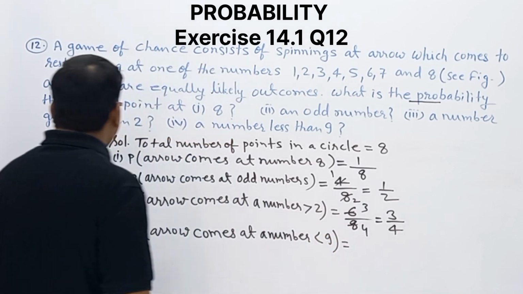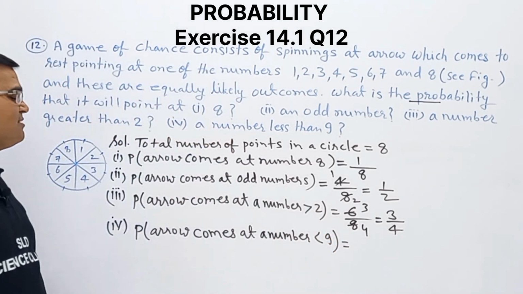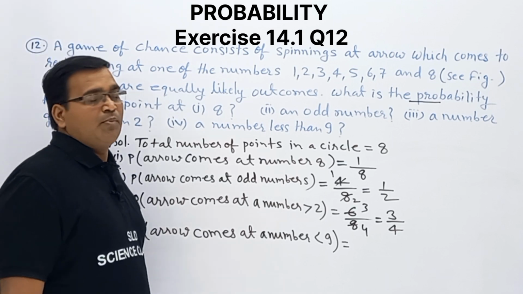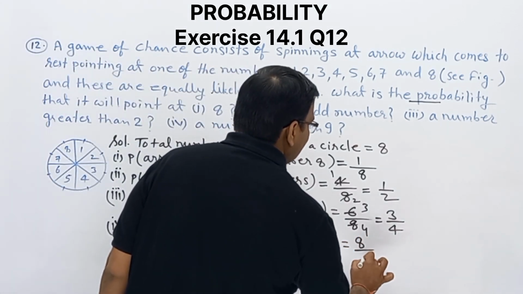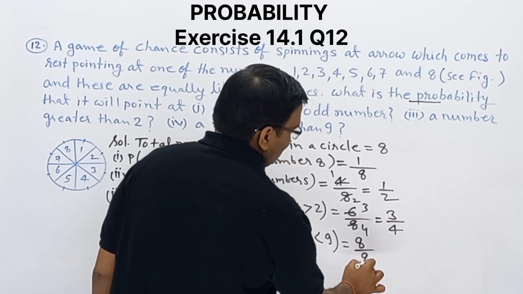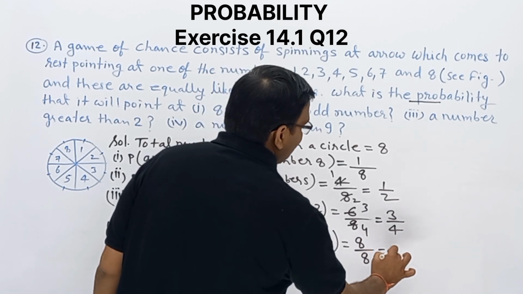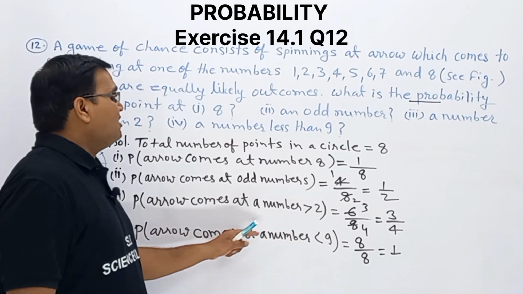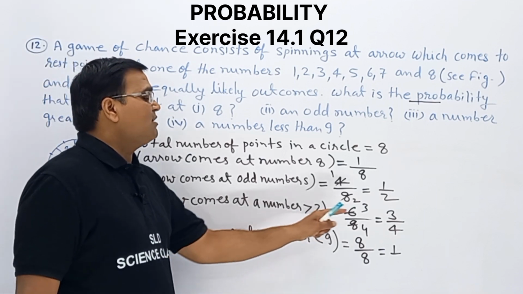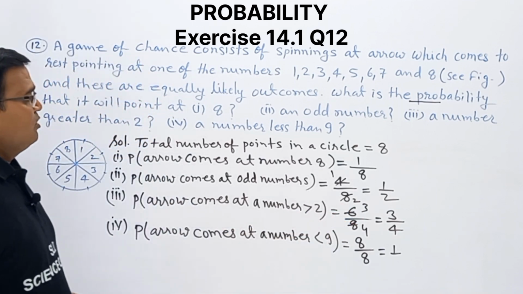From 1 to 8, all are less than 9. So we have 8 favorable outcomes, divided by the total possible outcomes, which is 8. Solving this, we get 1. So the probability of the arrow coming at a number less than 9 is 1.